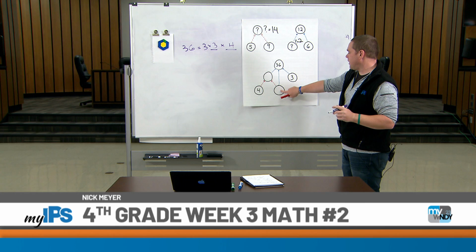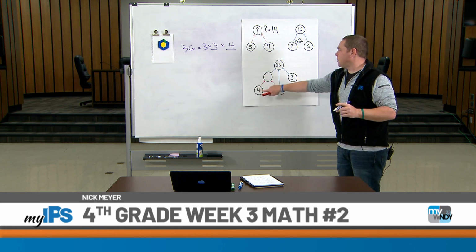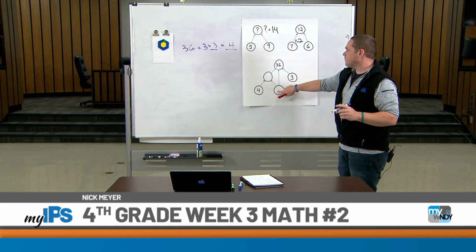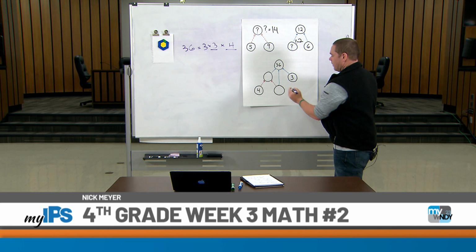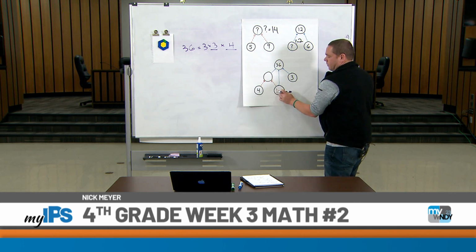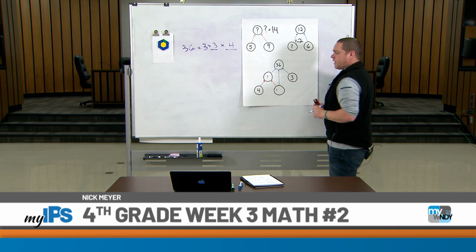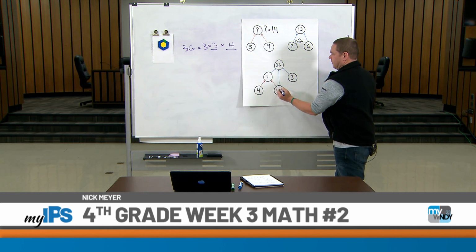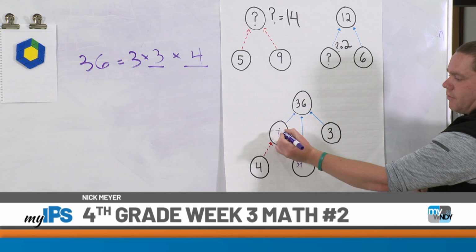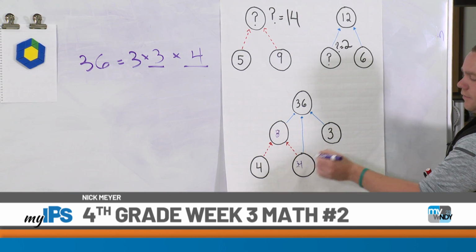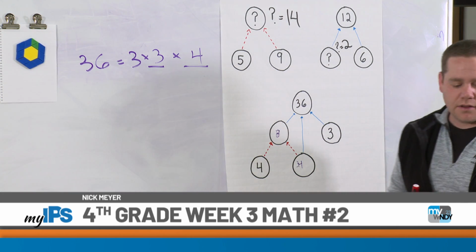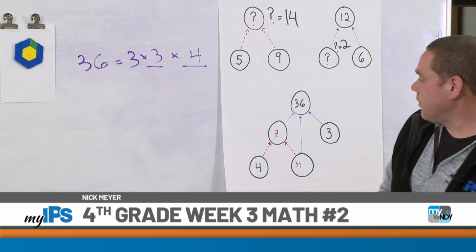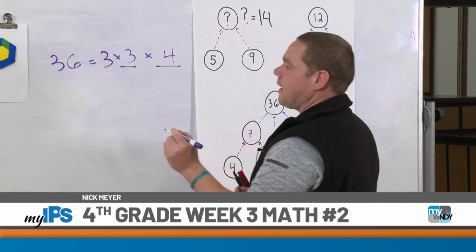If I put a 3 here, does 3 plus 4 equal, I'll write it on there really little. If I put 3 there, that will make a 7 there because I have to add those up. That doesn't work. If I put a 4 here, that would make that 8. 8 times 4 times 3 would not work. So I'm going to try a different number. How else could I possibly make it?